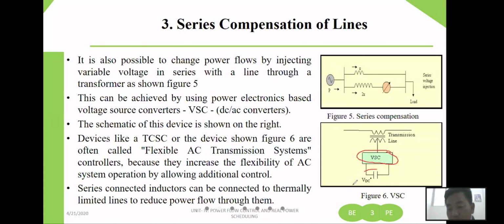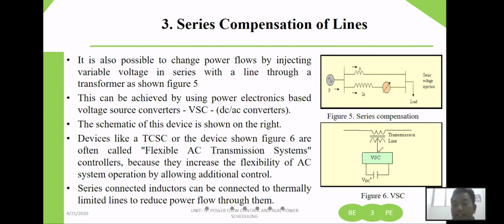Okay, this source should be there first, and then this DC source you convert to AC, and this AC will act as a variable voltage source, and whenever it is required, you inject it here and try to increase the power flow or change the power flow depending upon our load. Okay, so this is another way in which we can control the power flow or change the power flow.